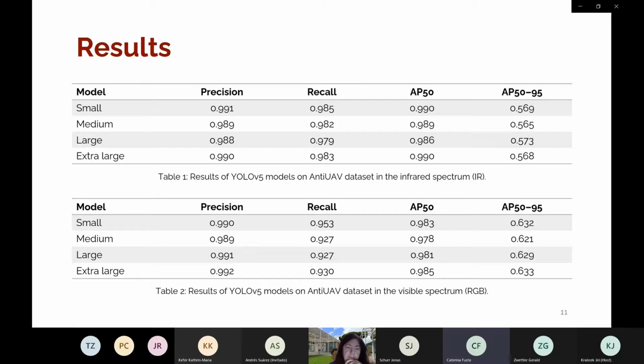What is worth noting is the column AP 50 to 95, which denotes average precision for thresholds from 50 up to 95% with a 5% step. This column shows that YOLOv5 provides detection in RGB videos with higher confidence.